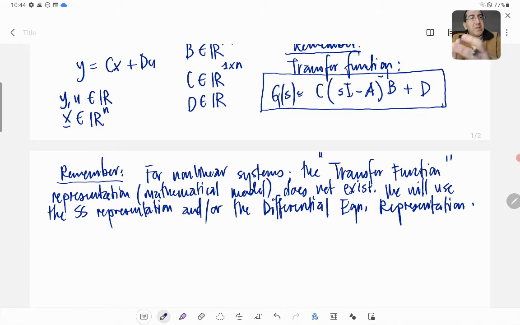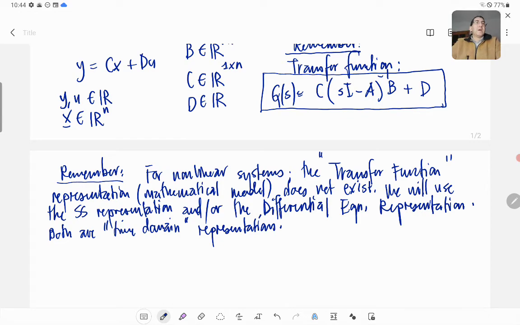So it's a coupled set of n first order differential equations, but you can combine them into an nth order differential equation representation as well. So both of these are time domain representations, versus the transfer function, which is a frequency domain representation.